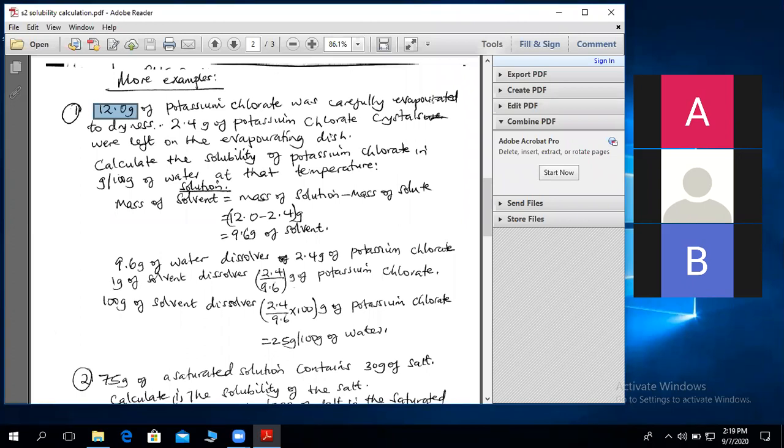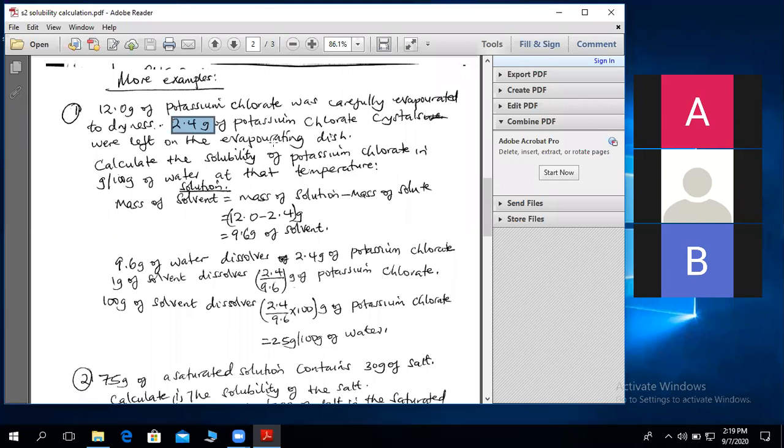So you are evaporating the solution, which is potassium chlorate, to remove the water. When it was evaporated, the question is telling you 2.4 grams of potassium chlorate crystals, which do not contain water, remained.